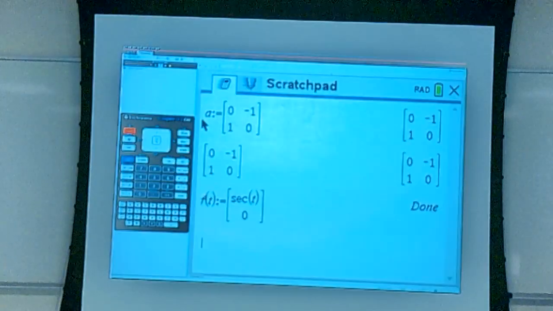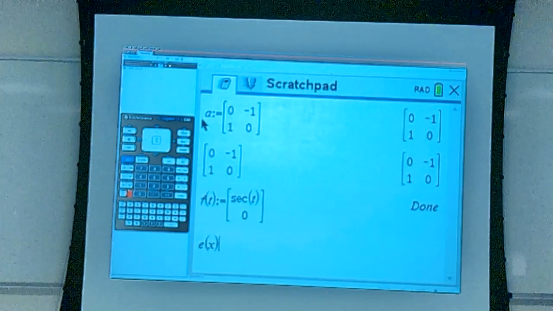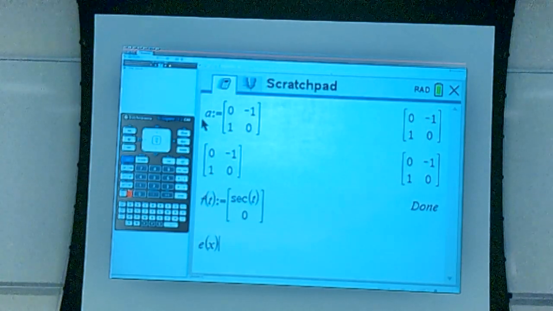Is there anything else I needed to define? Oh yeah, for row reducing. I can't use capital A because it's going to read it as lowercase a, so I'll just use E for eigenvectors.